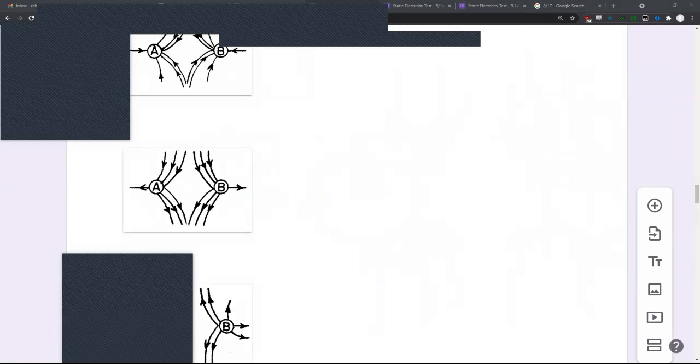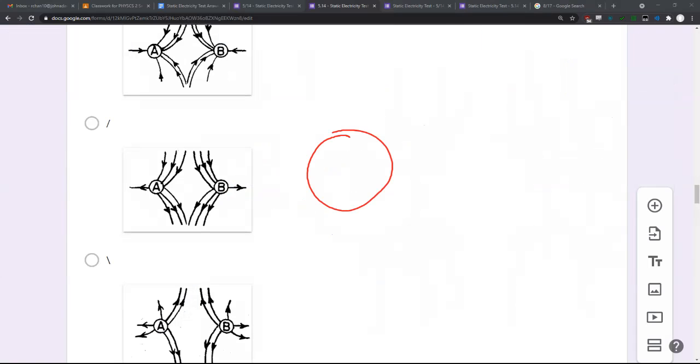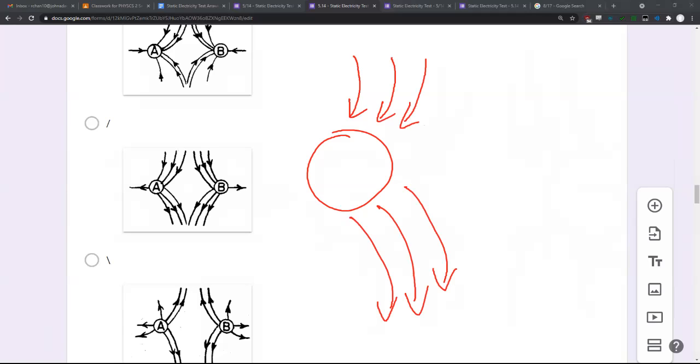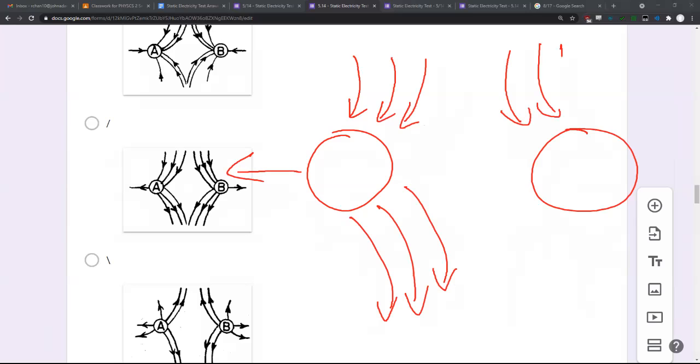Choice 3 is odd. Choice 3 says that you have arrows pointing inward at the top, but at the same time, you have arrows pointing outward. I don't think I've ever shown you an electric field that has arrows pointing inward and also arrows pointing outward from the same object. Same thing with B on the other side.